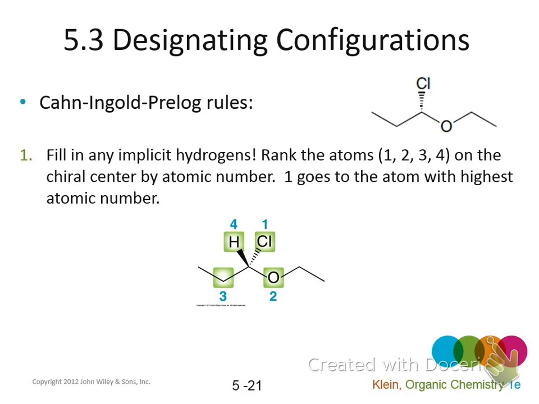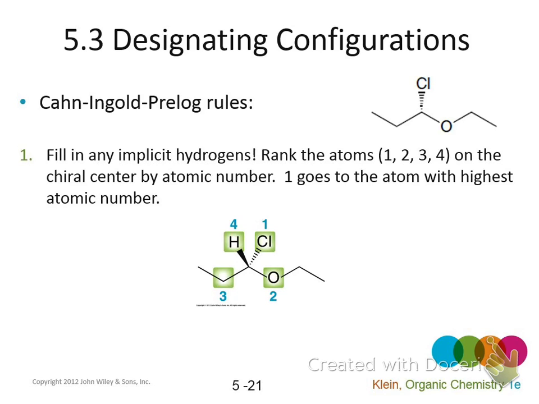So here's an example. Fill in any implicit hydrogens. That's the first thing that you should do because sometimes people forget to draw the hydrogen in. Implicit hydrogen is those hydrogens that we don't draw and we tell you never have to draw. If you're going to do RS designation, it helps. When you're starting, go ahead and write it.